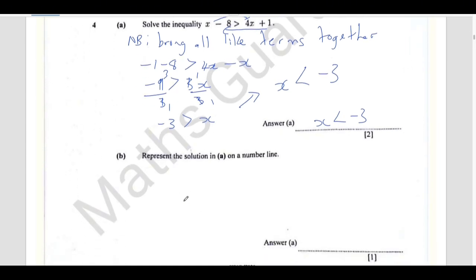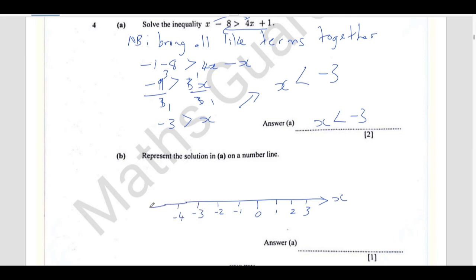The second part says represent the solution to A on a number line. Now, we're just going to draw a sufficiently long number line with the x labeled there, and put maybe just 3 or 4 arbitrary values. So we're going to put 3, 2, 1, 0, minus 1, minus 2, minus 3, minus 4.